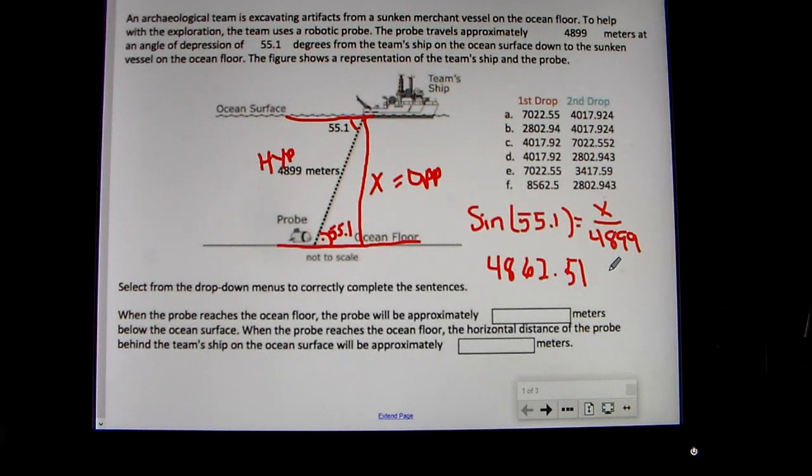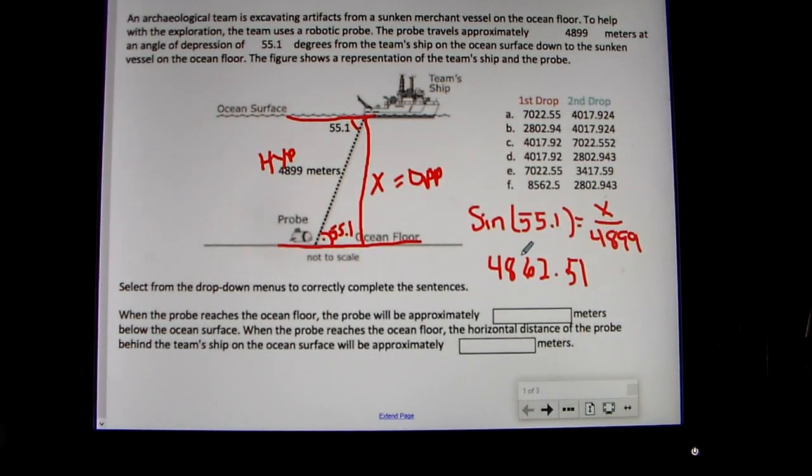Let's do 4,899 times sine of 55.1. We should get 4,017.92. So the previous answer was actually incorrect. Our correct answer is 4,017.92 meters.